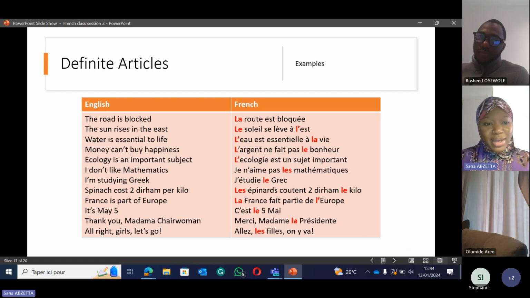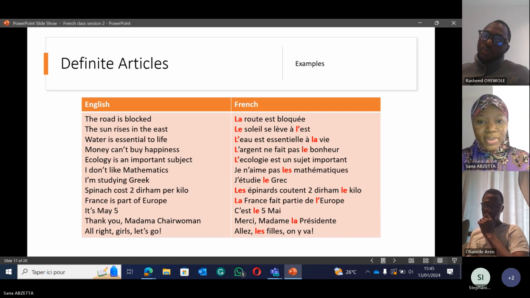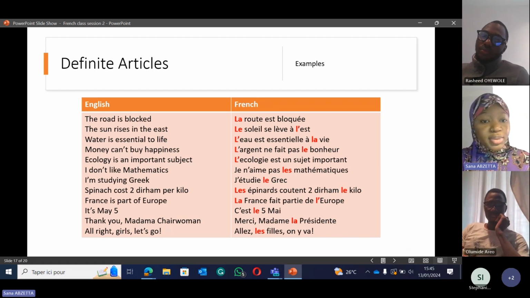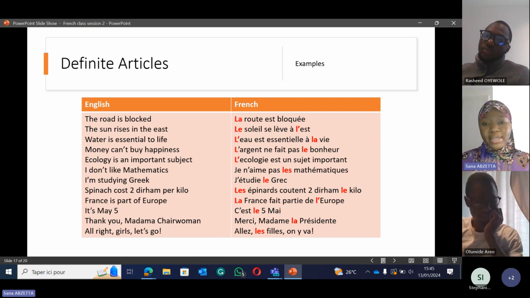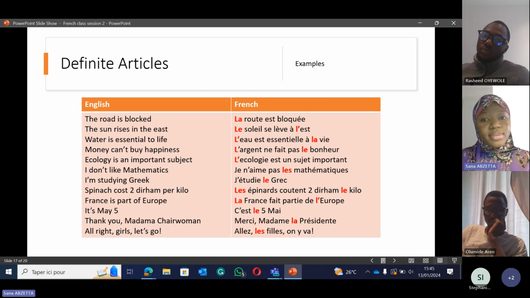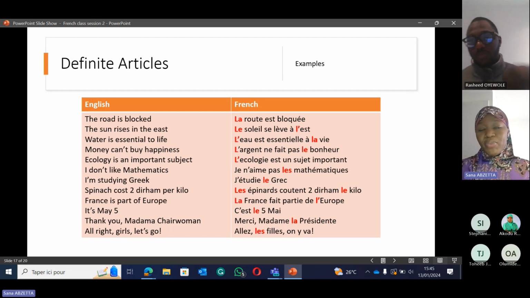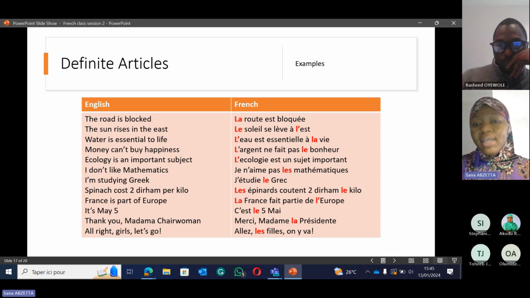Okay, let's see examples of the rules I just talked about. The first three are simple, just to know how to formulate phrases. The road is blocked. A road in French is translated route. At the end, you have an E, so this is kind of a sign that it is a feminine word.